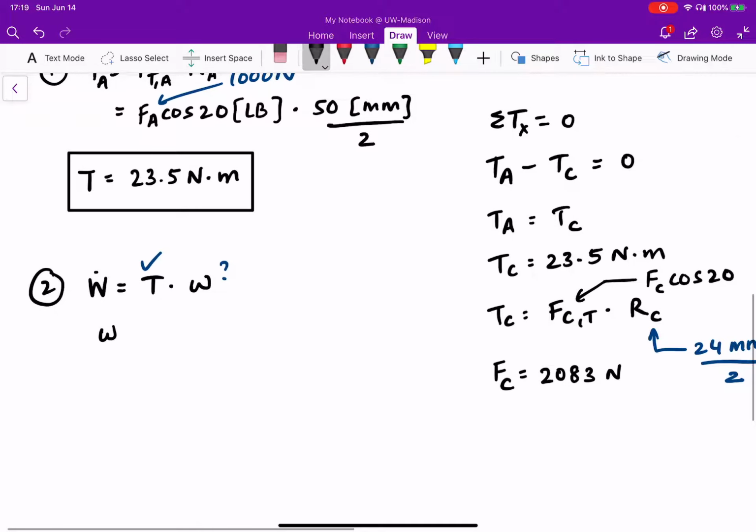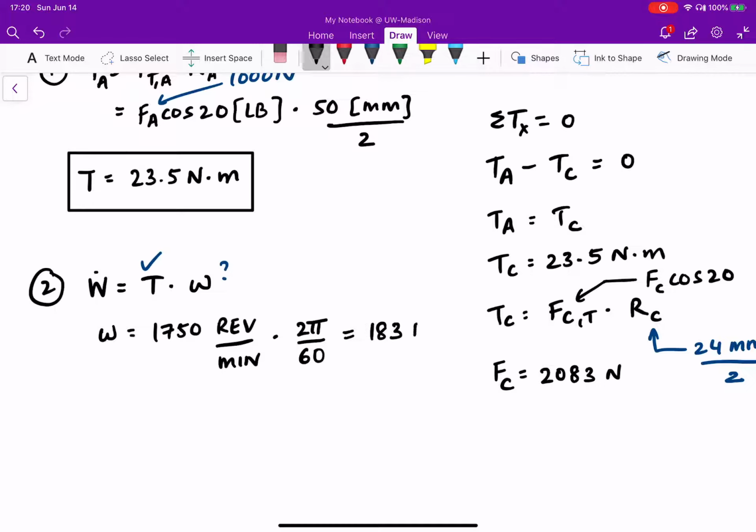So we can say that omega is equal to 1750 revolutions per minute. If you remember the conversion from the first video, it's simply 2 pi over 60, which gives us 183 radians per second.